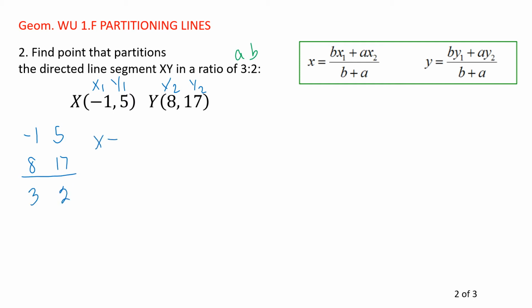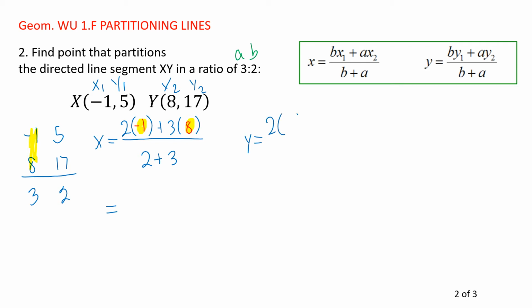So it's b plus a over b plus a. And then I fill in these x values for x. Before I do that, I'm going to set up the y coordinate.